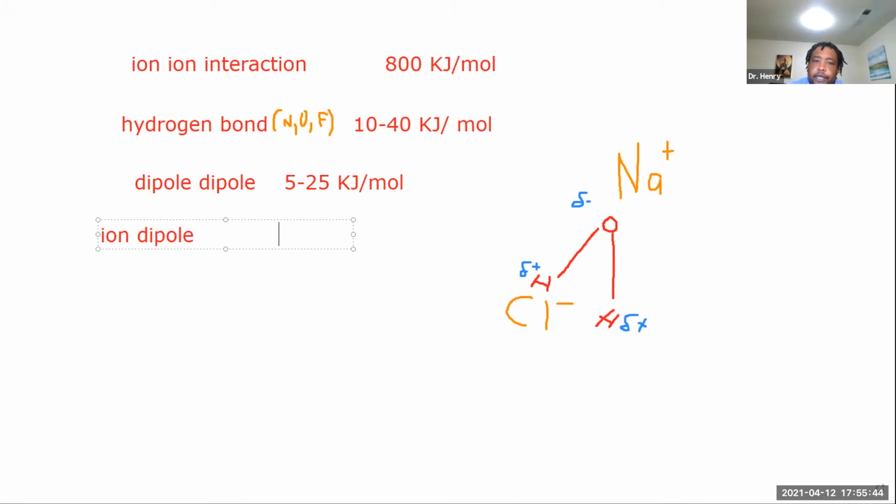And this one is pretty strong, actually, 40 to 600 kilojoules per mole.